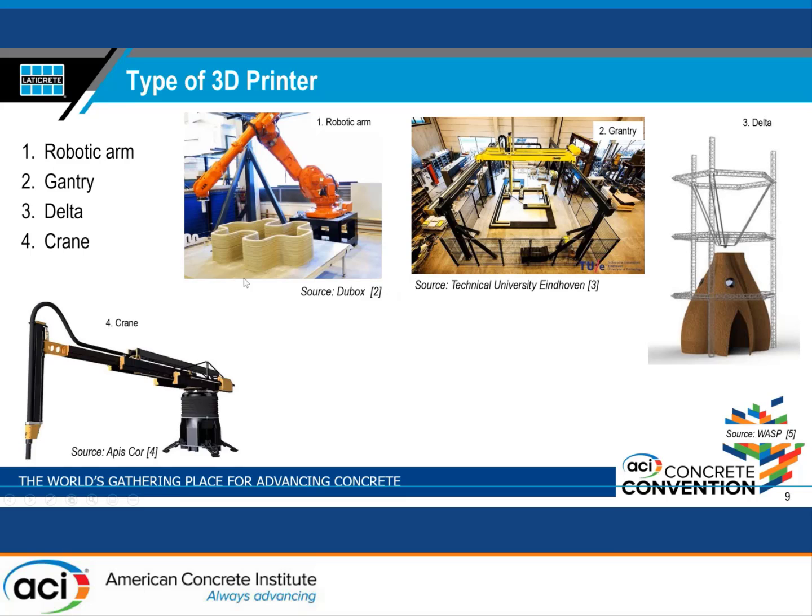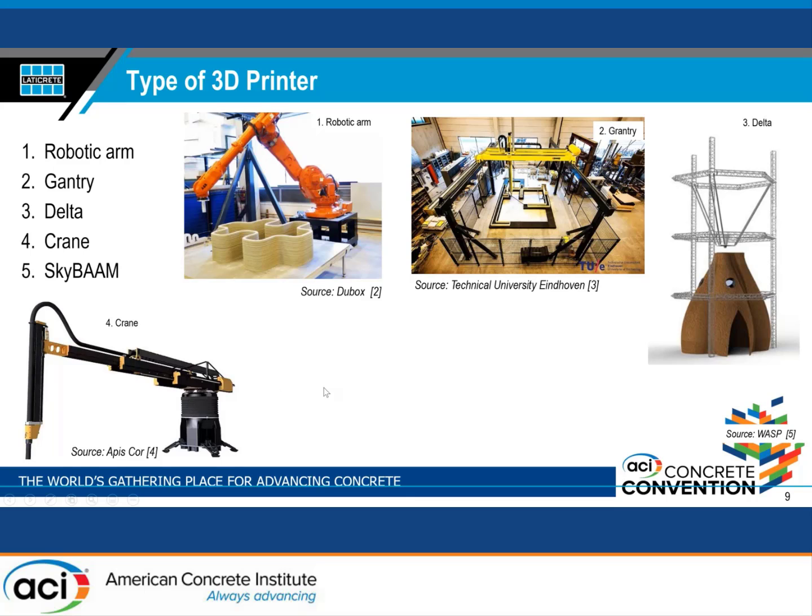For the crane type, usually the printer has a tower which supports the cantilever arm. The height of the tower itself can be adjusted, and also the length of the cantilever arm can be extended to increase the printing volume. At the end of the cantilever arm is usually where the extruder is mounted.